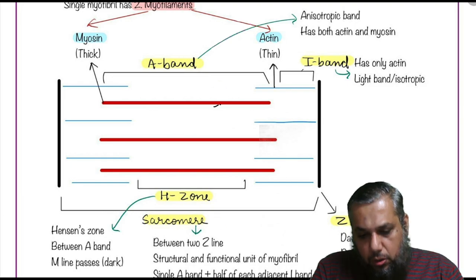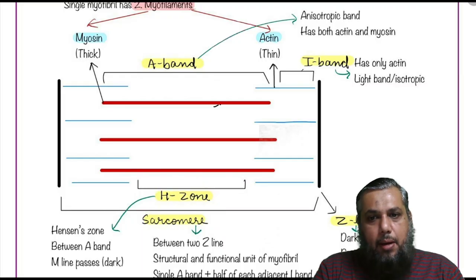And that central part of the thick filaments, which is not overlapped by the thin filaments, is called the H zone.